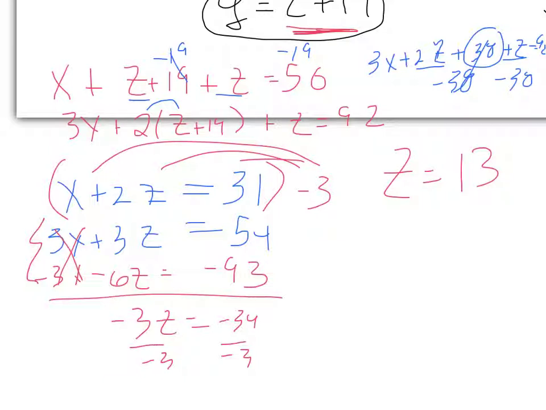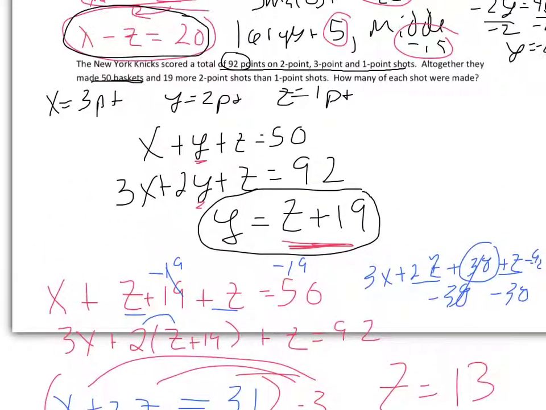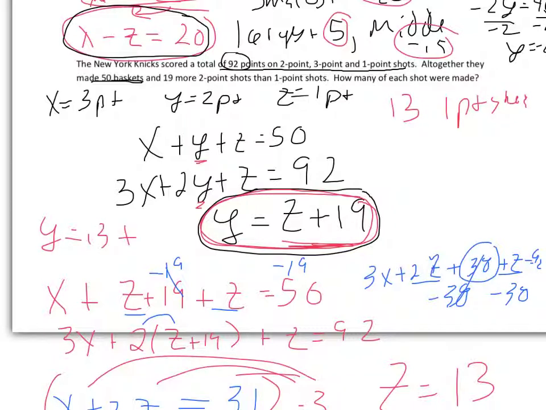So if we think back, there are 13 one-point shots, because z is one-point shots. Now we can use this to get our 2-point shots, because we have this equation right here. y equals z plus 19, so 13 plus 19, 32. 32 2-point shots.